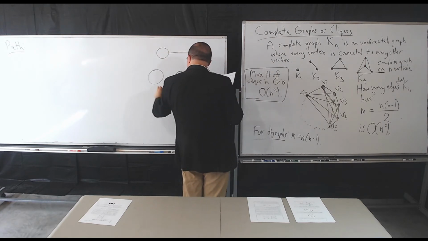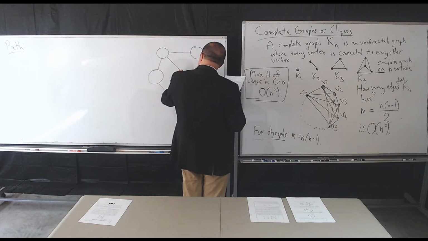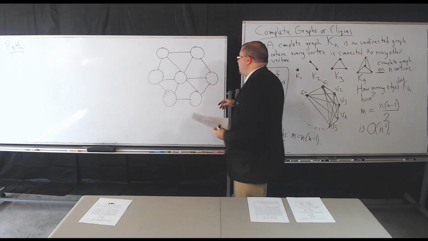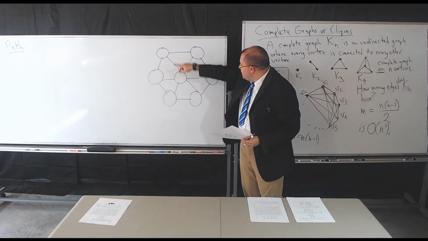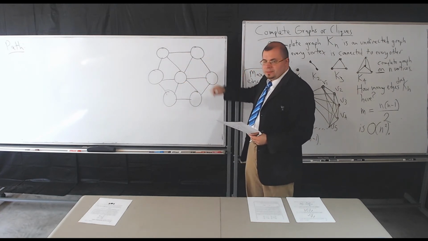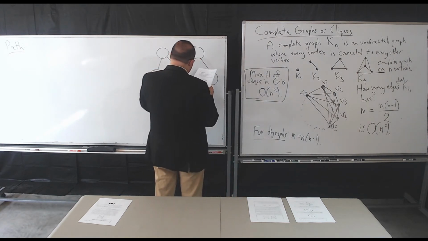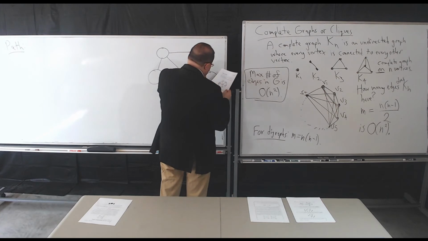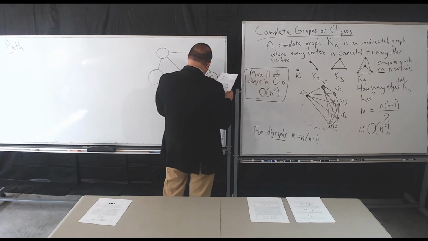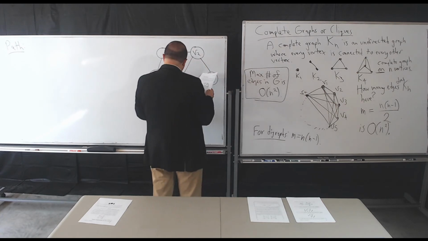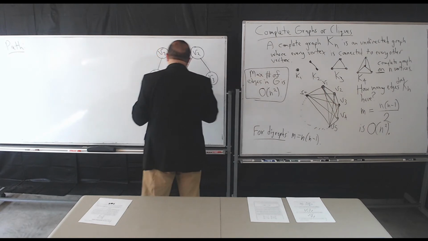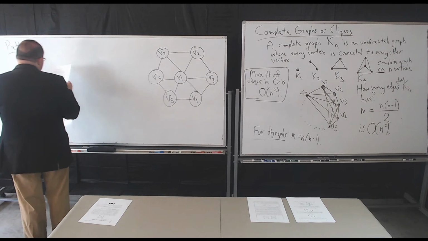I like to throw some fun looking graphs at you. The reason why they call it a wheel graph is because it has a spoke and then you have the whole wheel here. So I'm just going to label all of these. B1, B2, B3, B4, B5, B6, B7, and there's my wheel graph.